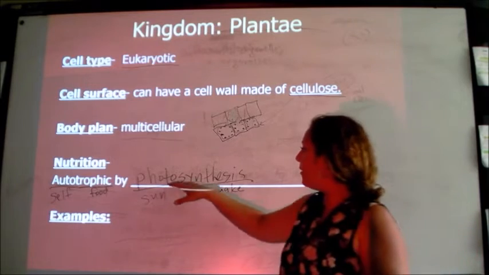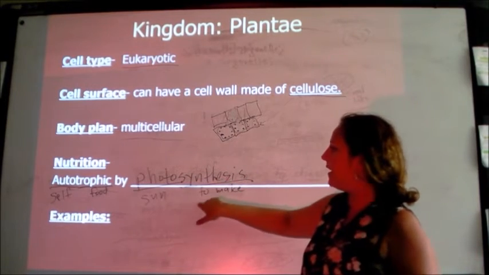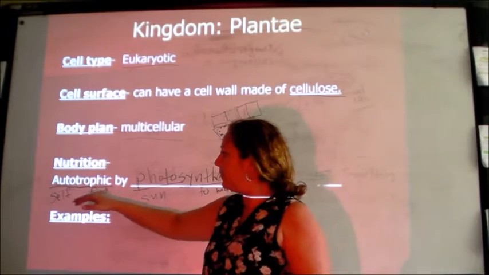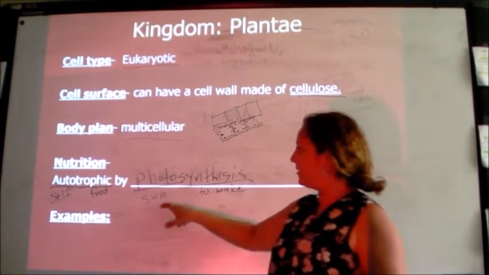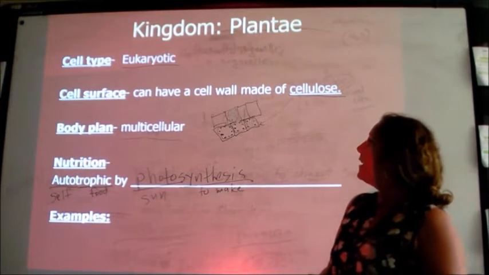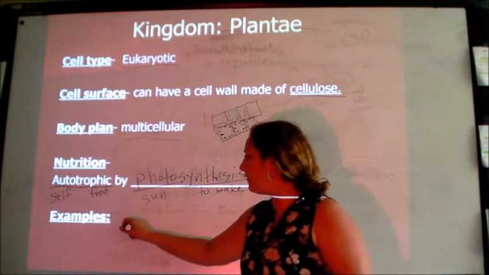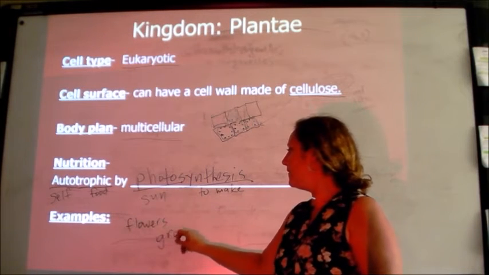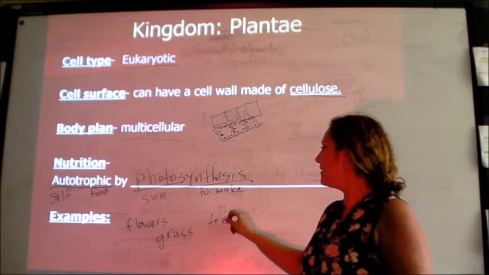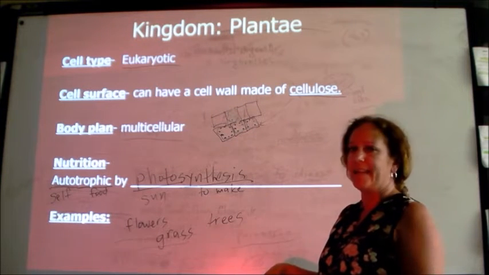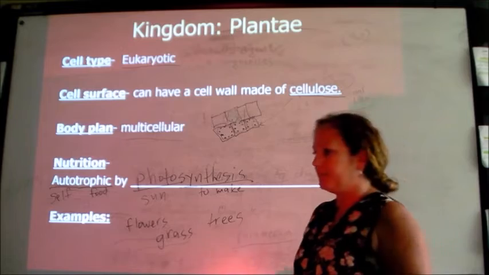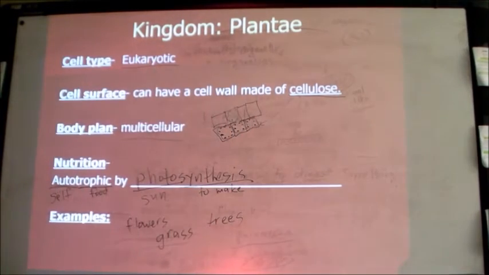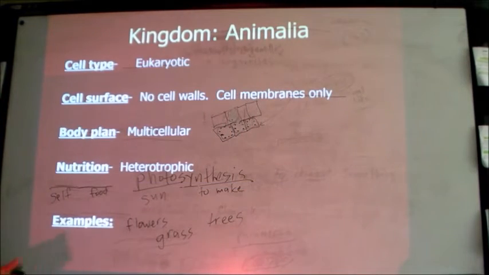Photosynthesis, synthesis to make, autotrophic, you're making food by yourself and you're using sunlight to do it. Examples of plants are flowers, grass, trees, etc.